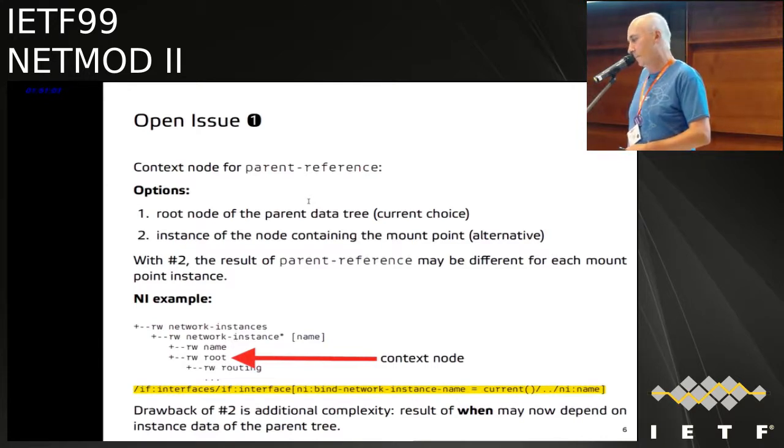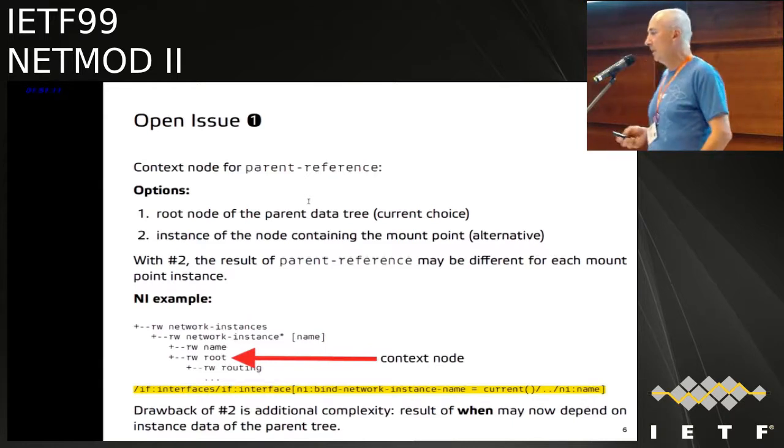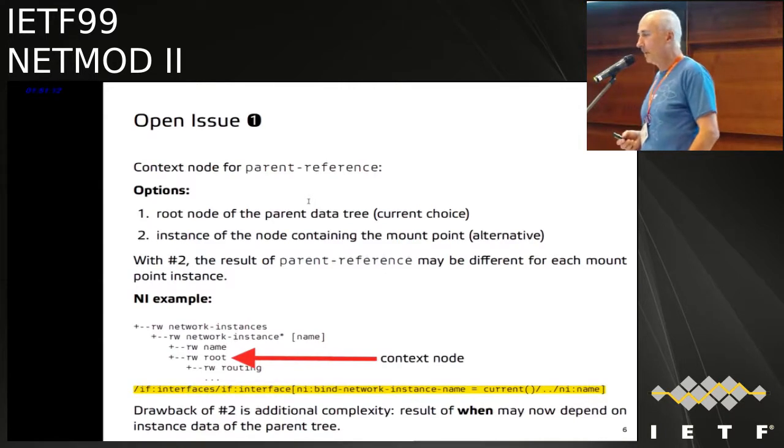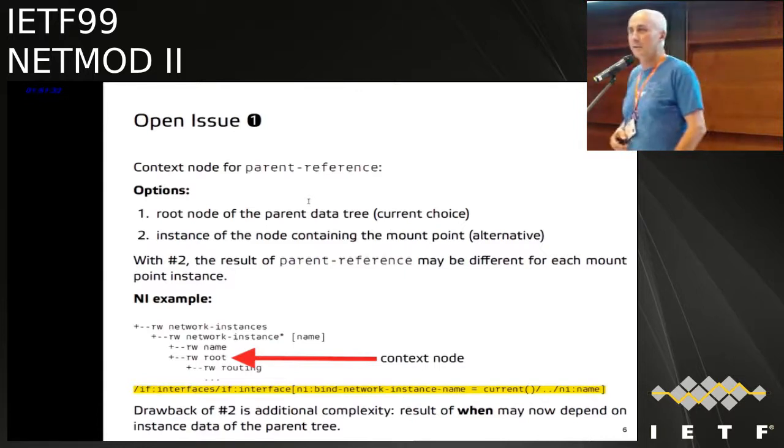So although there are pros and cons here, in my opinion, and I believe it's also Martin's opinion, unless this is really felt to be necessary, this should be avoided, because we have all kinds of complexity now being added to YANG, and I'm really worried about this. So any comments on that? Yeah, you see.